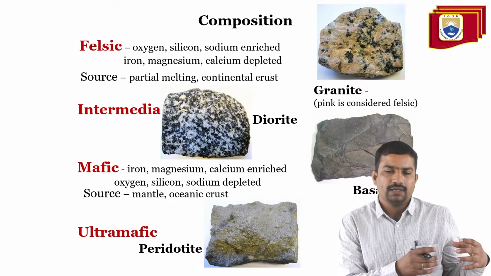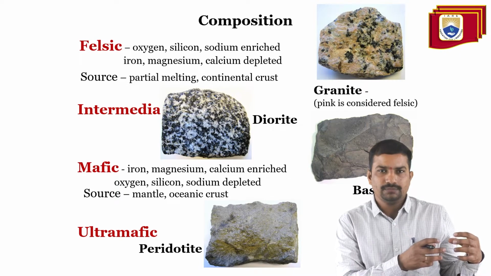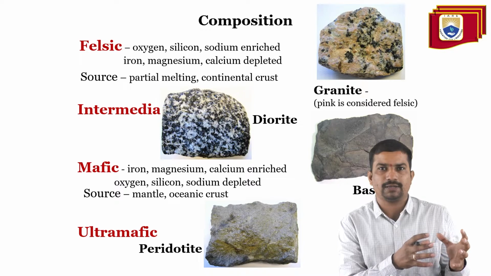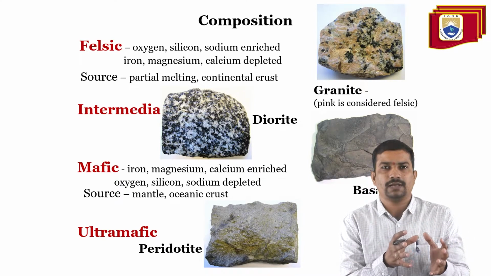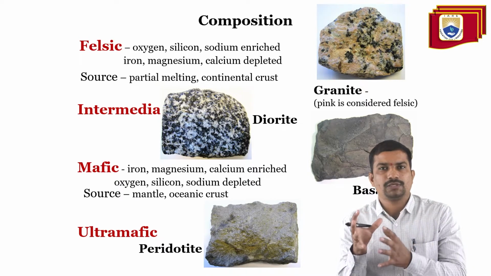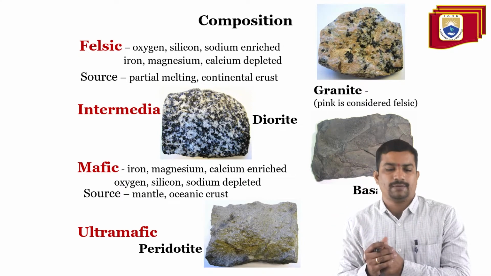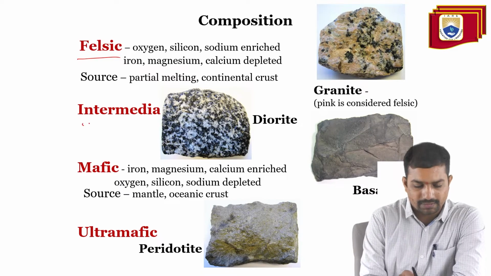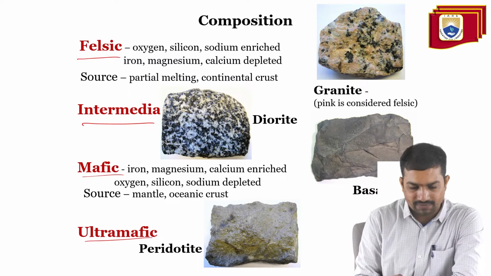I have shown you that the arrangement of various grains or minerals makes up the composition of a particular material. So we can see the felsic type of material, intermediate, mafic, and ultramafic.